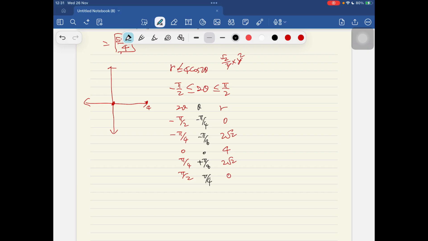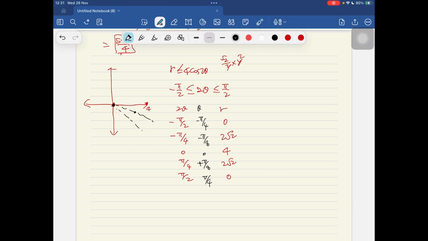So negative pi over 4, 0. And negative pi over 8, 2 square root of 2. And 4. And pi over 8, 2 square root of 2. And pi over 4, again 0. So this one looks like a bit of a strange shape.